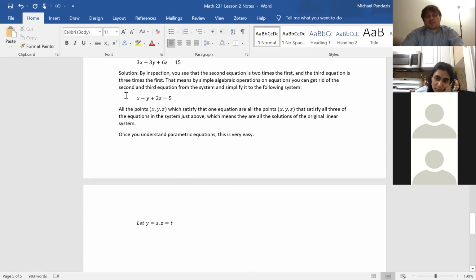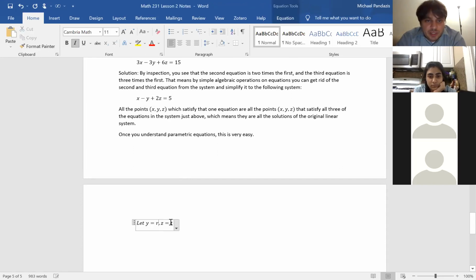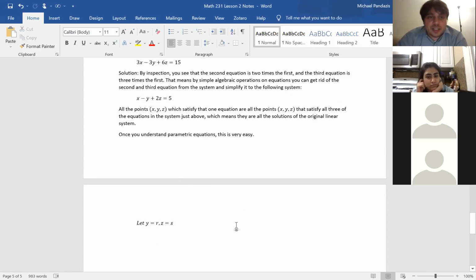There's one equation and 3 unknowns, which means that in order to use parametric equations, we need 2 variables because we only have one equation. So I'm going to let y equal r and z equal s. Okay, so let y equal r and z equal s.